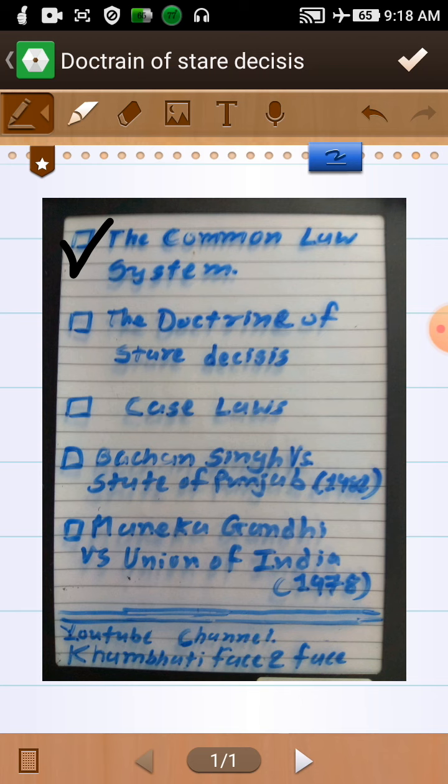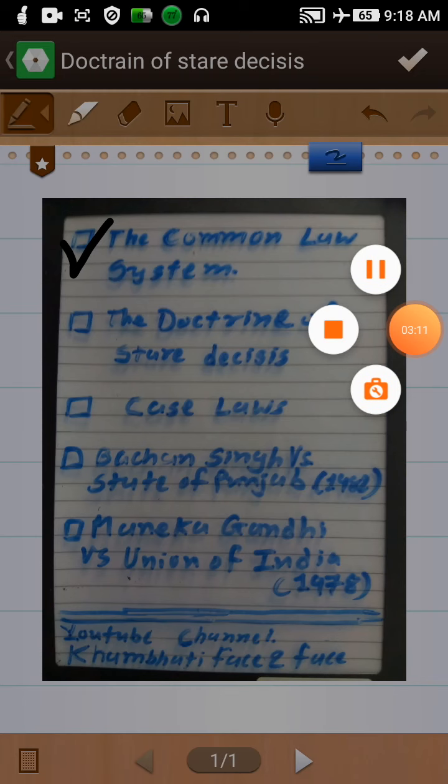Stare decisis, the principle that cases should be decided according to consistent principles so that similar facts will yield similar results, lies at the heart of all common law systems.